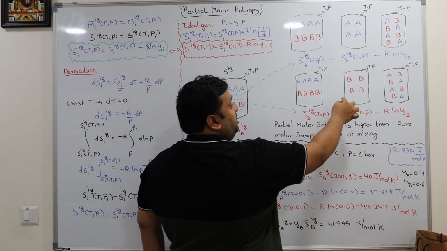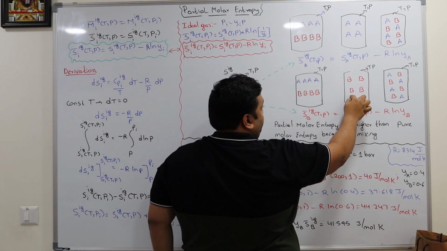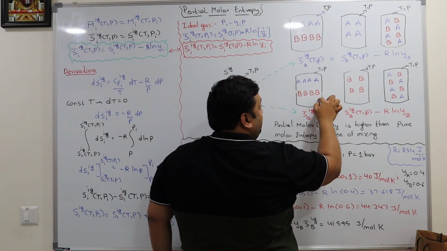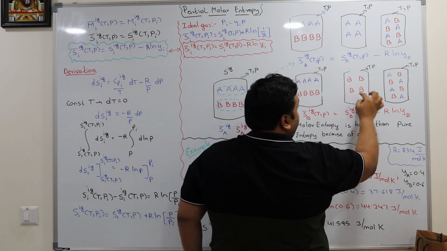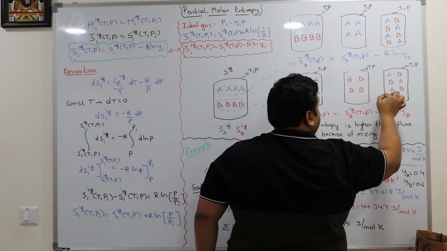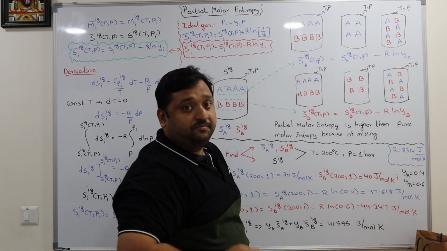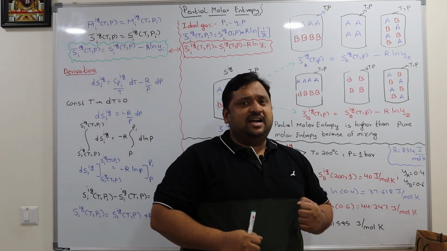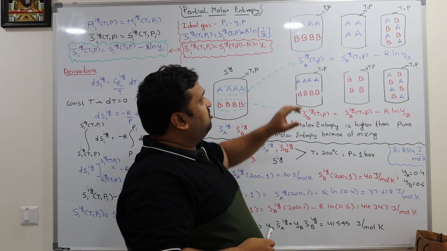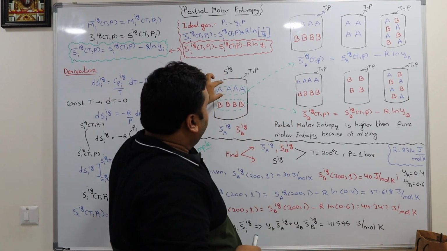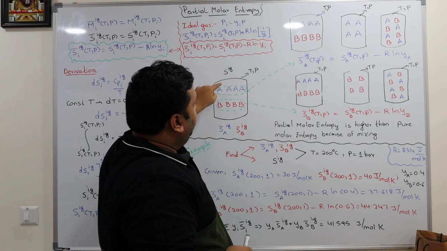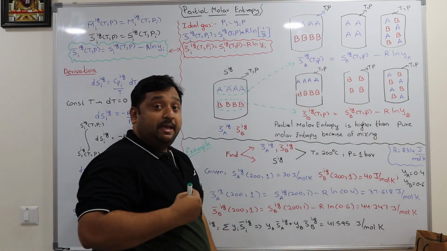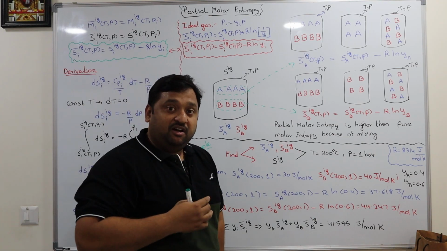This is the pure entropy of B, and this is the partial entropy of B. The partial entropy is always higher than the pure entropy because of the mixing of A and B in the container. Wherever you have to find the partial entropy of A in the mixture, you follow this formula. Let us apply one example so you can learn better.